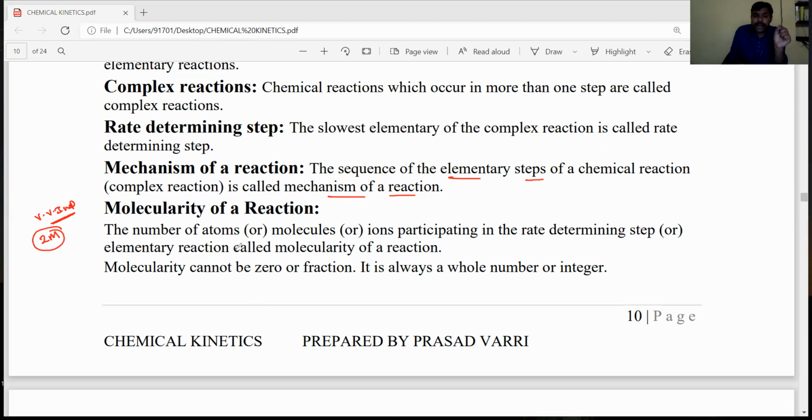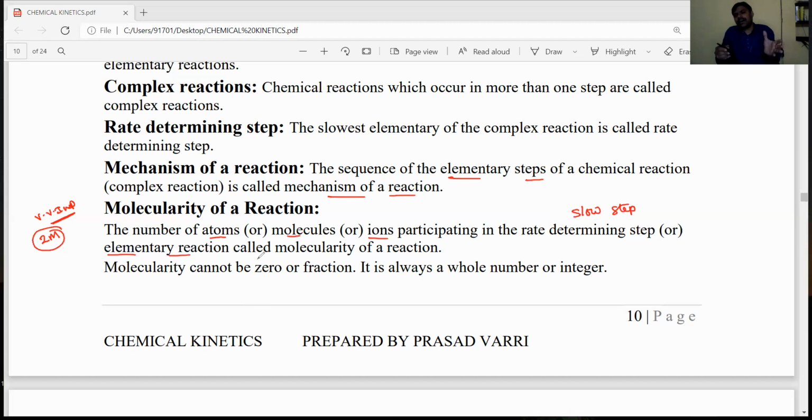Molecularity means the number of atoms or molecules or ions participating in the rate determining step, or slow step. The rate determining step is the slow step. It is also called an elementary reaction.